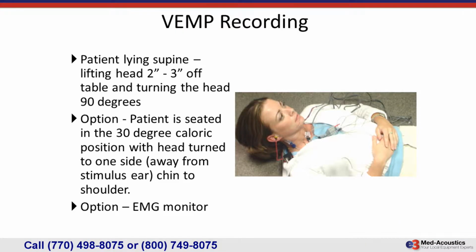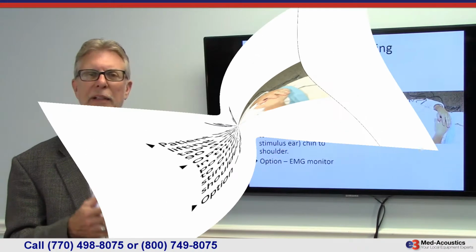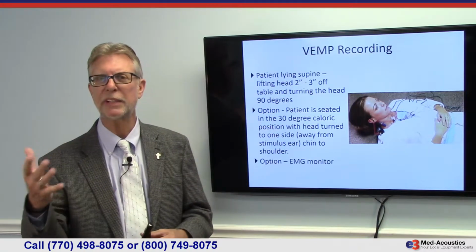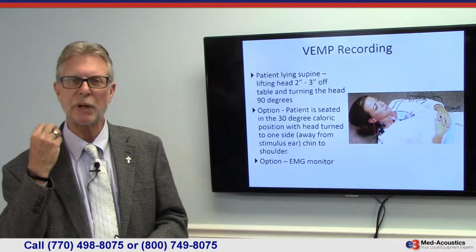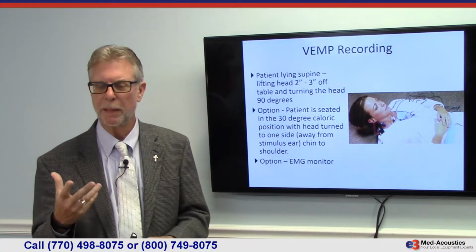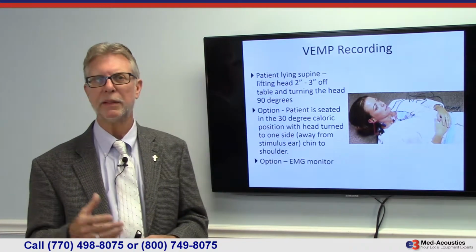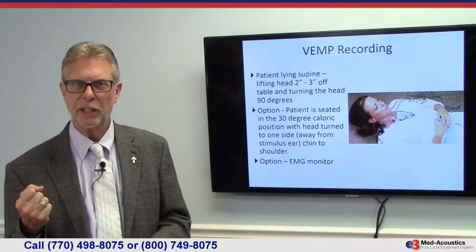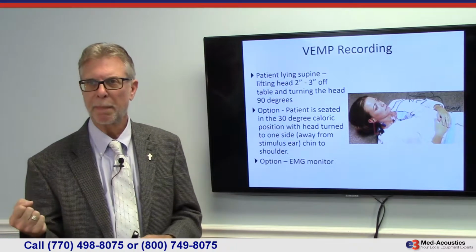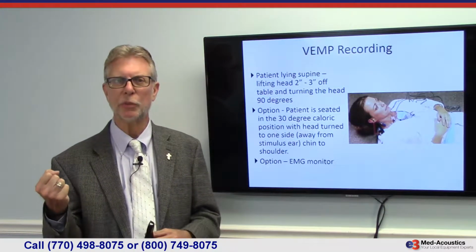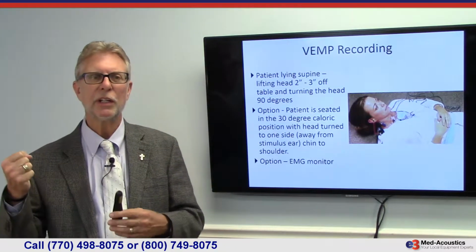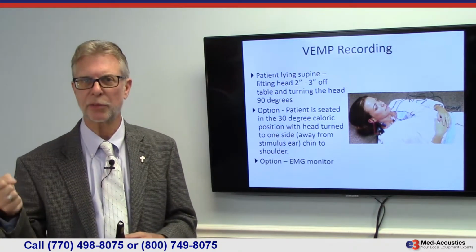There is an option on the Interacoustics system. It's one of the only evoked potential systems that has this option, and it's an option for an EMG monitor so that the clinician can see and the patient can see how strong a contraction they are making, and they can exert as much contraction as necessary to bring the meter into the green area, the correct area.